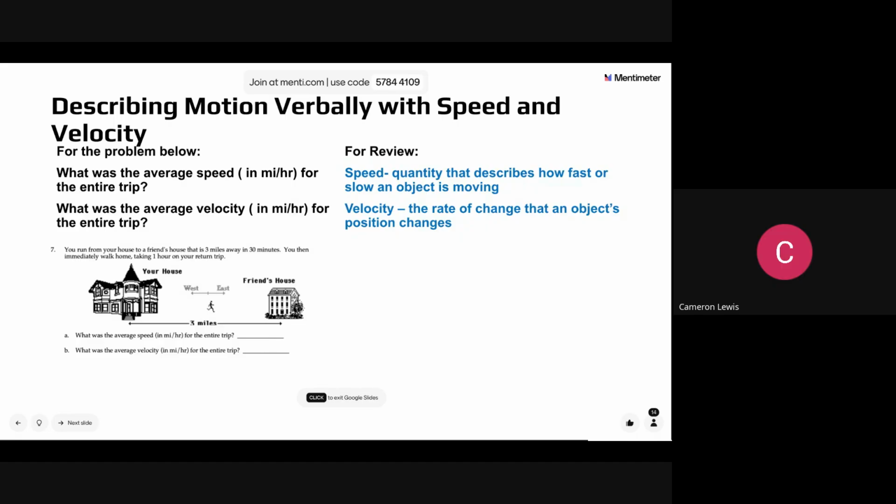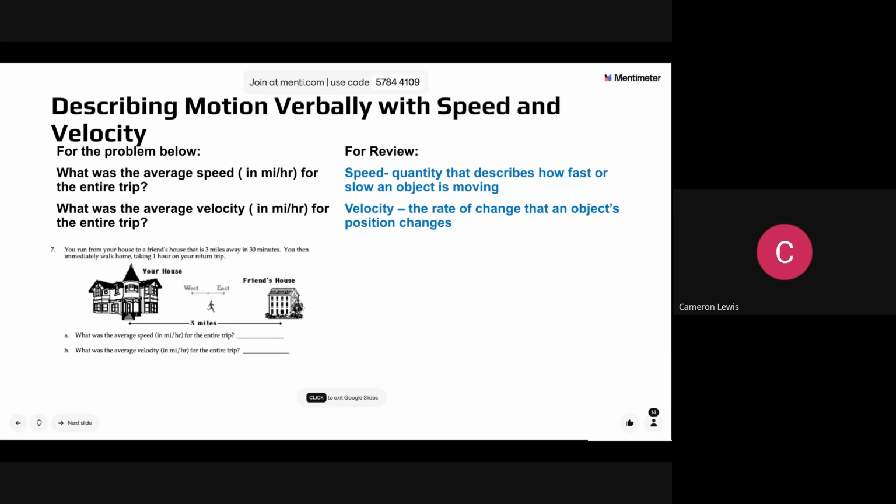All right. Now for the velocity, what is the average velocity for the trip? I got a 0. I got some zeros. I got 1.5. Just a reminder too, speed is the quantity that describes how fast or slow an object is moving.